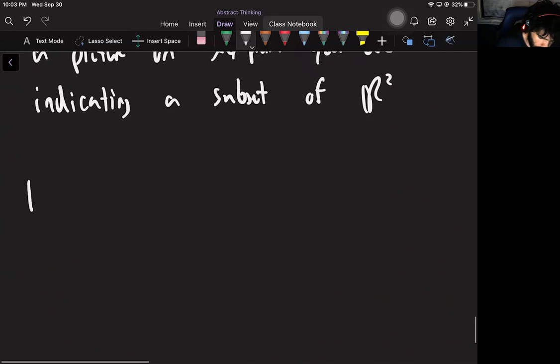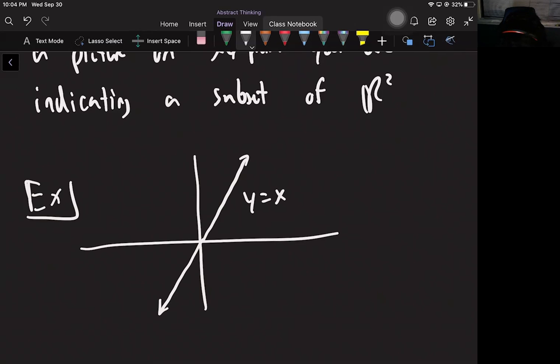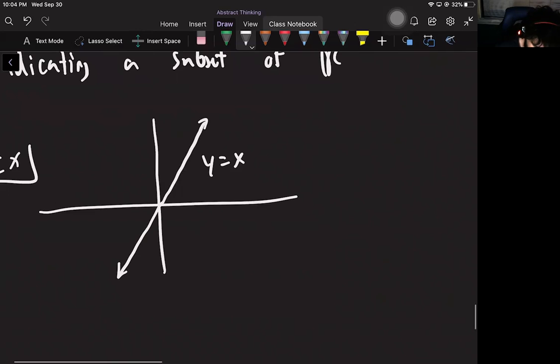So for example, we'll start off with just something that you've seen before. So how about the line y equals x? So the line y equals x is really a set.